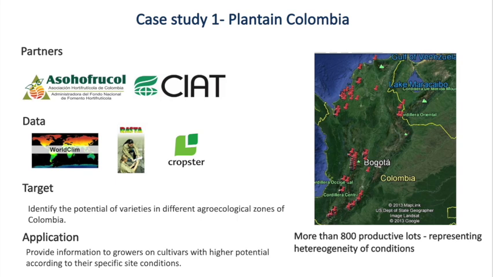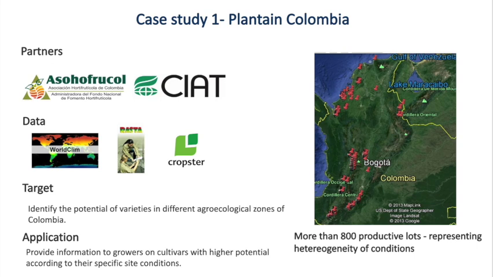The first case study was developed in Plantain in Colombia. This time we worked jointly with Frucol. In order to record information from producers, we had to have access to primary information.